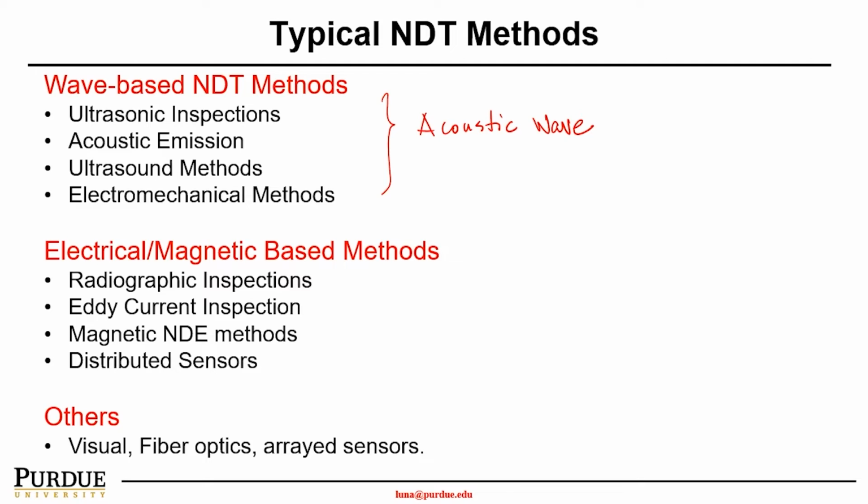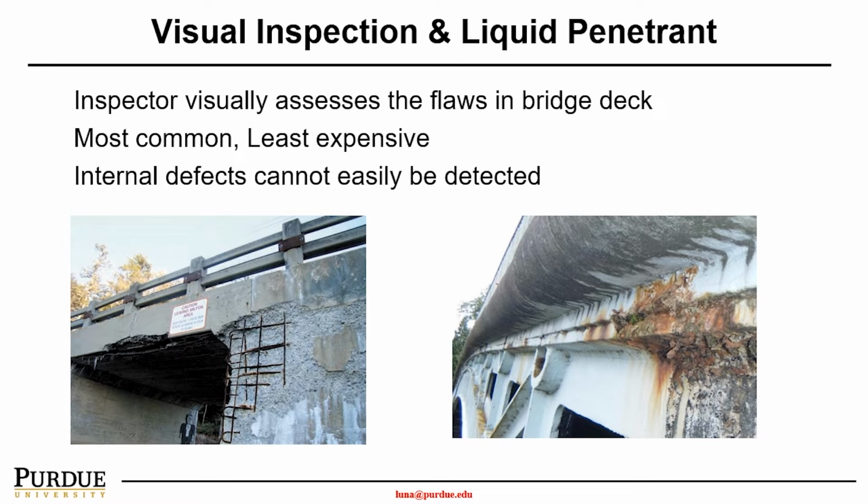Visual inspection is often underlooked. However, it is a very, very powerful tool, particularly for surface-induced defects. Probably the most common and least expensive NDT method is visual inspection.